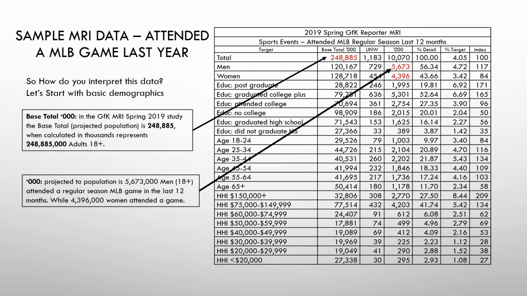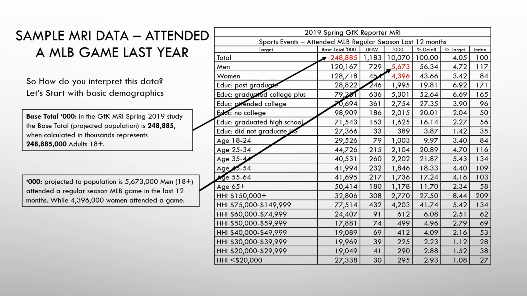The second number, you'll notice, is the projected population of the people who have done this particular thing. Okay, and so you'll notice that under total it says 10,070. That means that according to this survey, 10,070,000 different people attended a Major League Baseball game last year.